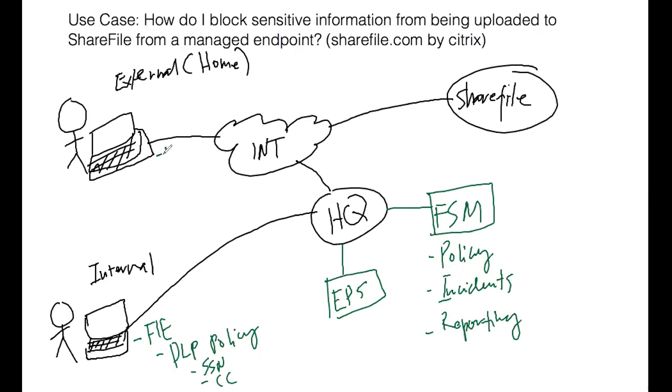If we drop our agent here, by the way, our agent is the one agent we use for web, CASB, DLP, and so on. One endpoint. Unlike other solutions, you would need an endpoint for web, an endpoint for email, an endpoint for DLP, et cetera.